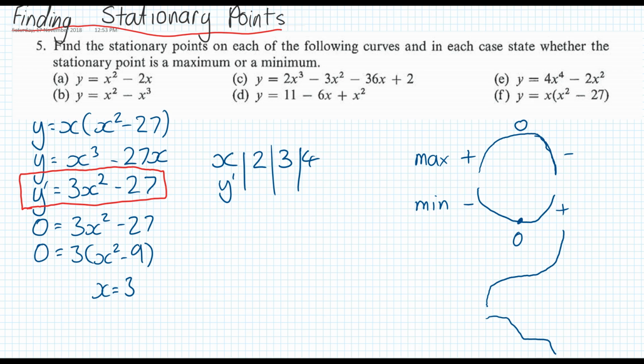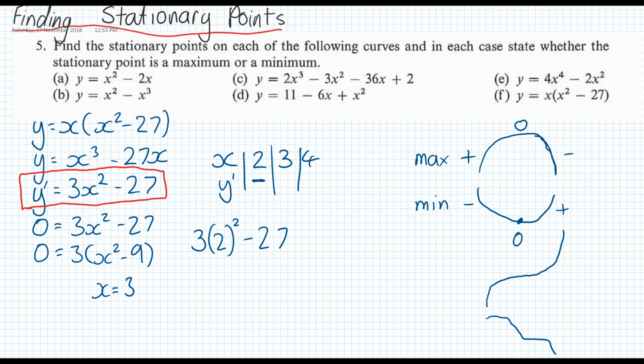So we chuck 2 into our formula and see what we get out. So 2, I'll just solve it down here. 3 times 2 squared minus 27. Now 3 times 2 squared is 12. So we end up with 12 minus 27. Now 12 minus 27 is a negative number, and I'm just going to put the sign in there.